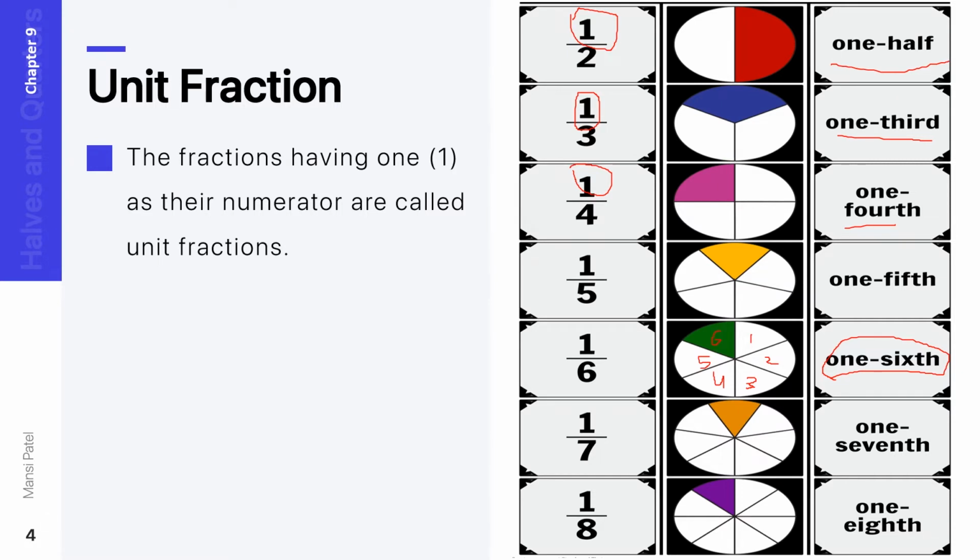Out of these six parts, you shade only one part of this figure. So this fraction is known as 1/6. The number name of 1/6 is one sixth. And also we can say that if there is a 1 in the numerator, then that fraction is known as a unit fraction. Let us see some other fractions.